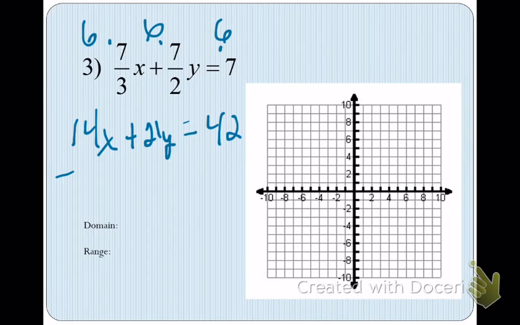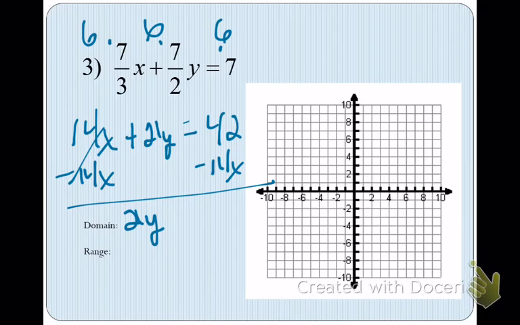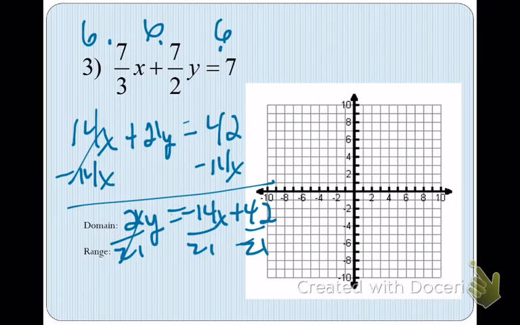Now we're back to our regular method of trying to get y by itself. So subtract 14x from both sides. Okay?